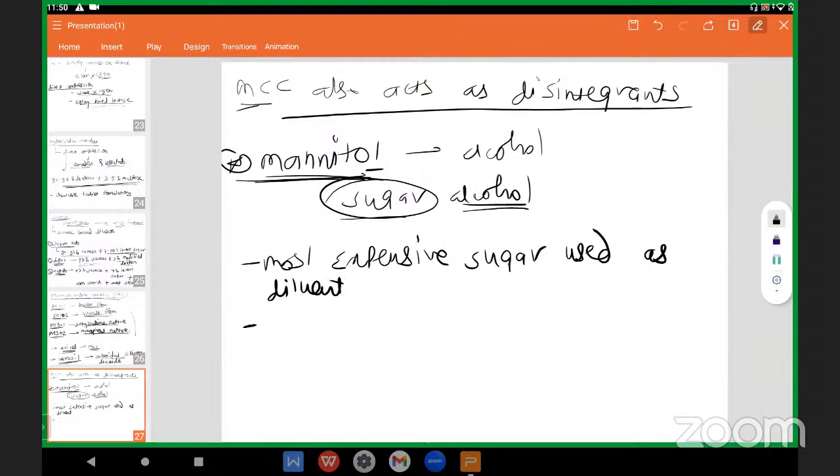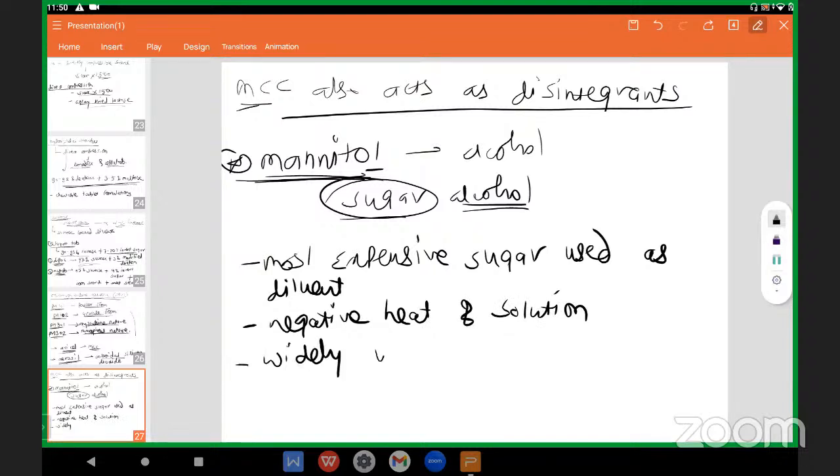It possesses the negative heat of solution. It is widely used in chewable tablet formulations.